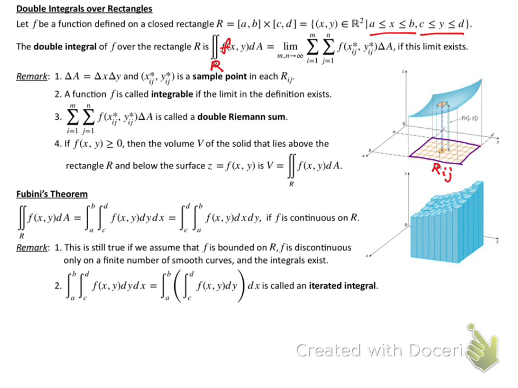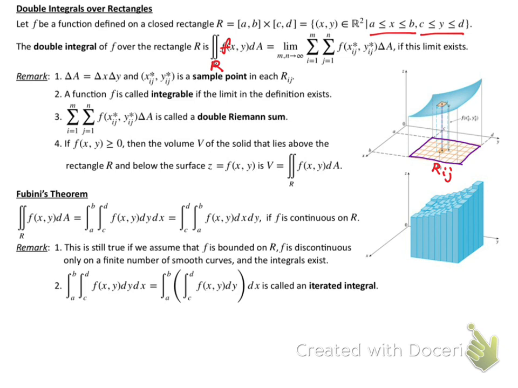And a function f is called integrable if the limit of this definition exists. The sum is called a double Riemann sum, because you slide along the x-axis, and then you slide along the y-axis. That's why it's a double Riemann sum.